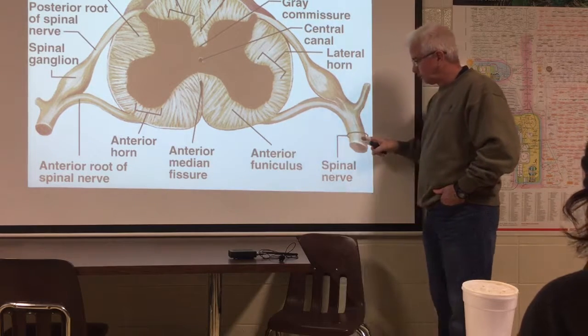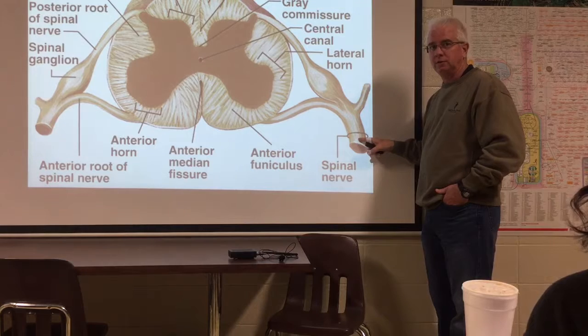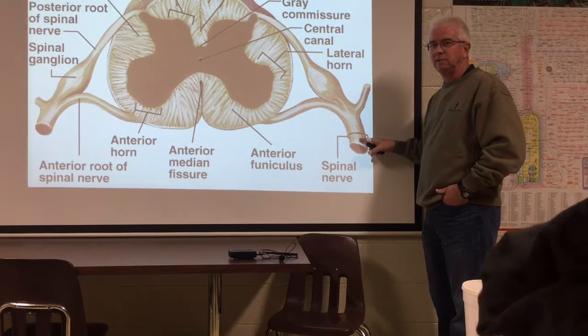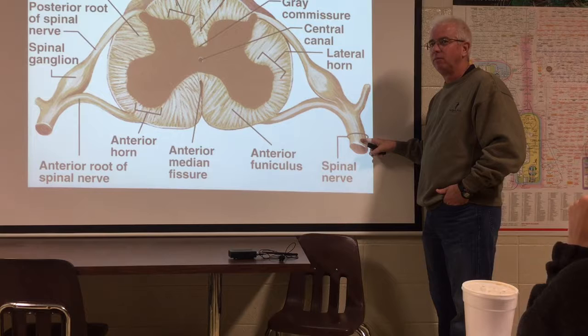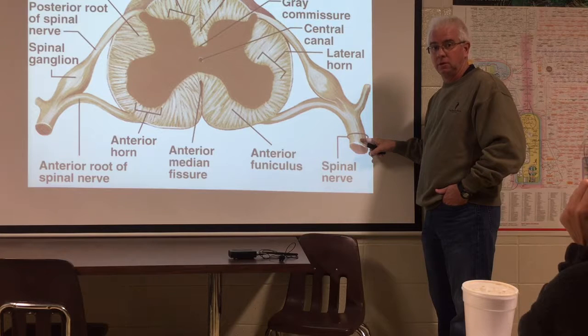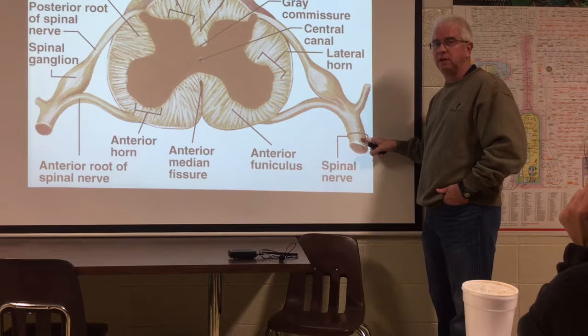And when we get out here to the nerve, does the nerve have sensory in it? Yes. Does it have motor in it? Yes. Does it have somatic in it? See, it does. Somatic does what? Go to the muscle, right? Somatic to muscle.